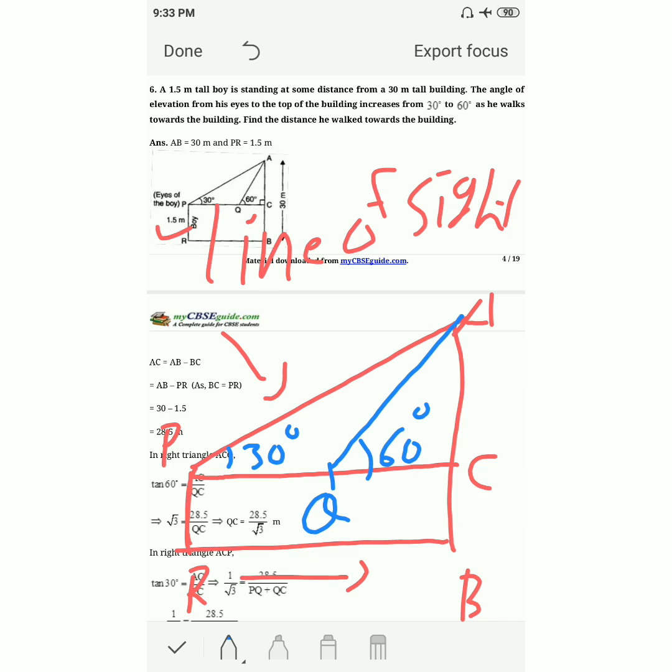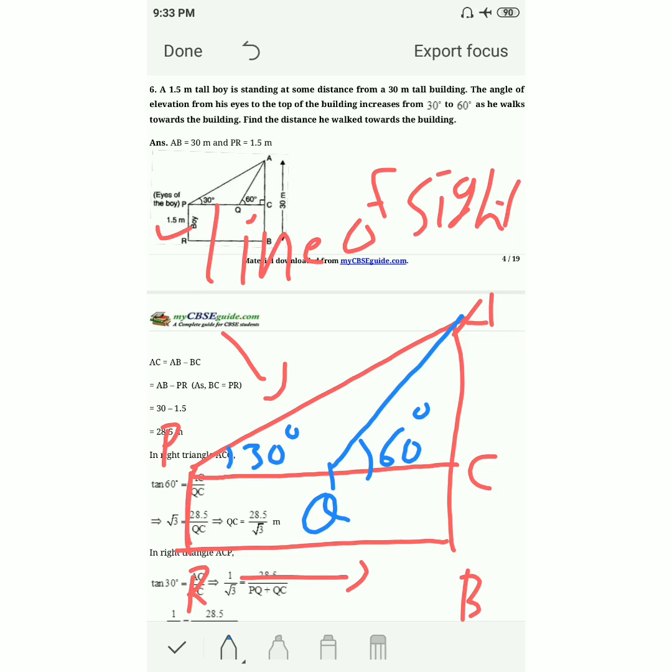So initially the boy is standing at position R. At that place the angle of elevation is 30 degrees. He moves toward the building and reaches point Q. So from Q the angle of elevation increases from 30 degrees to 60 degrees. That's why at point Q the angle of elevation is 60 degrees.